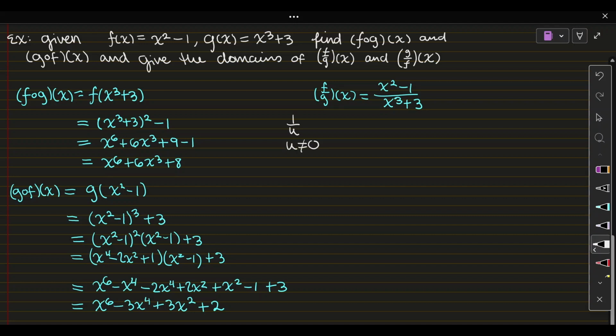I can't divide when it's 0. So if there's something that makes this 0, I need that to not be in my domain, because otherwise I'd be dividing by 0. So I'm going to take the denominator and set it not equal to 0. So x cubed plus 3 cannot be 0. Otherwise, we have an issue.